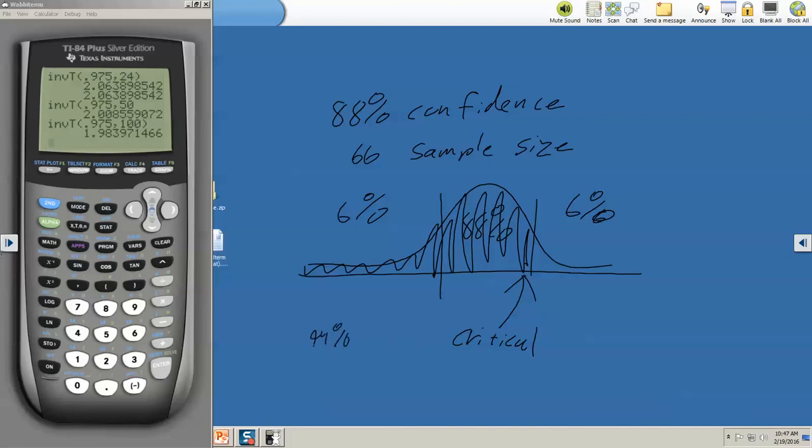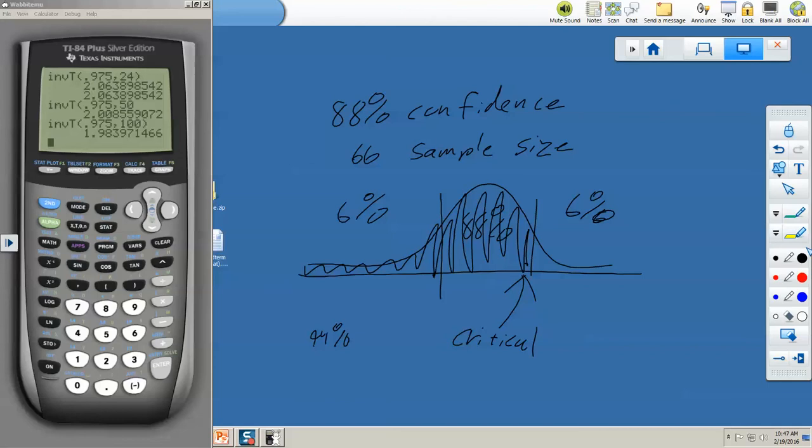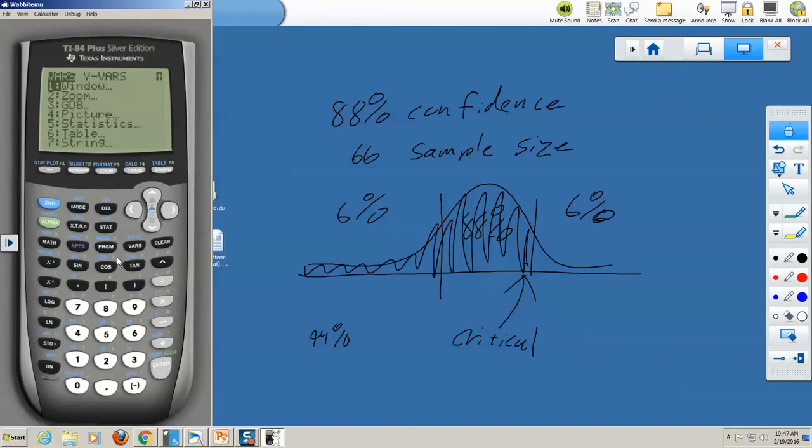So I'm going to do an inverse T command, and it's going to be 0.94, because that's what my 88% confidence interval will be. And then my sample size is 66, so my degrees of freedom is 65.